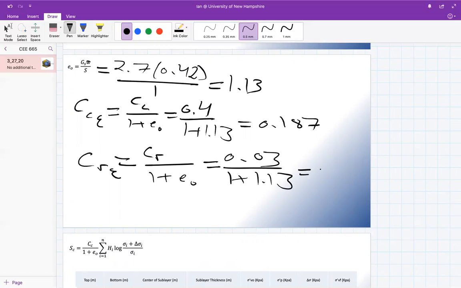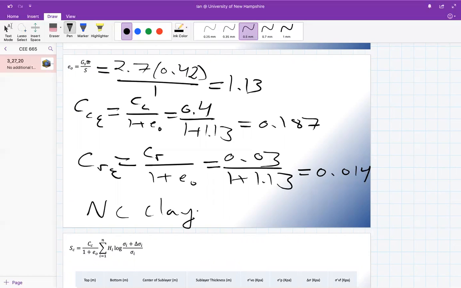And therefore, we get 0.014. So now we have that, and from this soil, we can see, with a little bit of an assumption, that we have a normally consolidated clay.